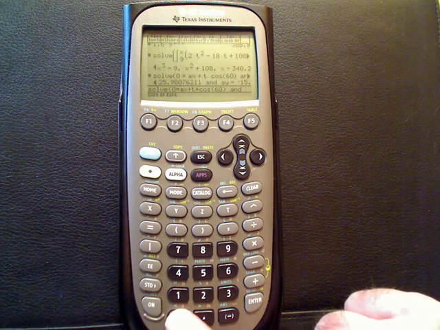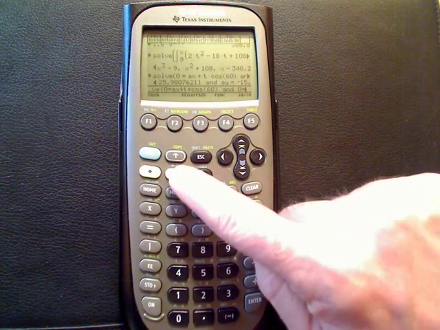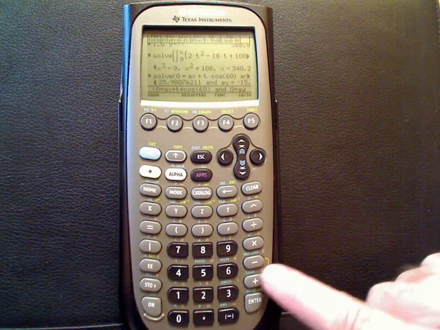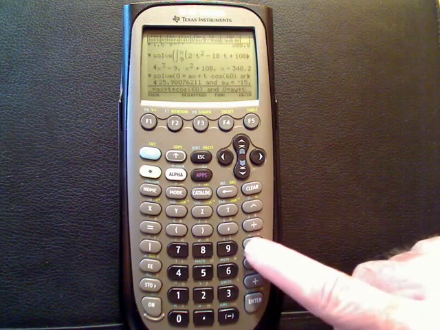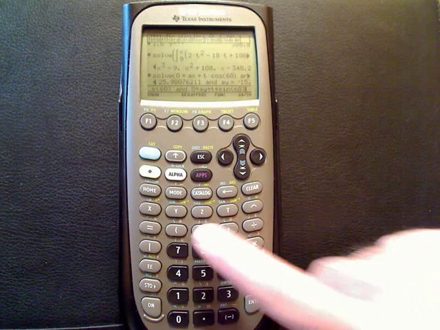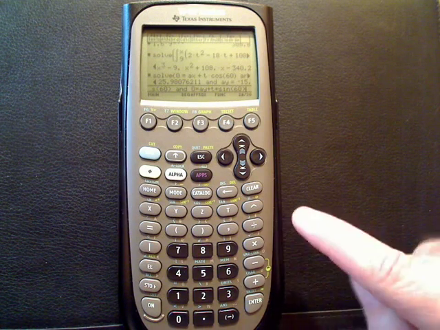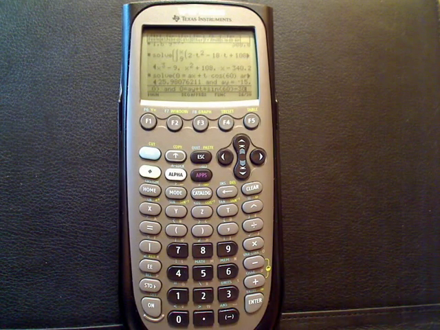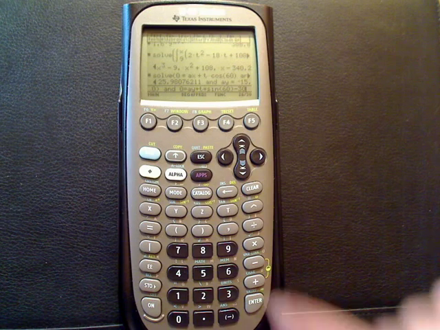Then you put the second equation, 0 equals alpha A_Y plus T times the sine of 60. And then we put in minus 30. We don't want to forget the minus 30.